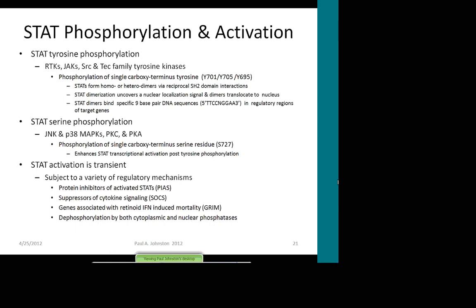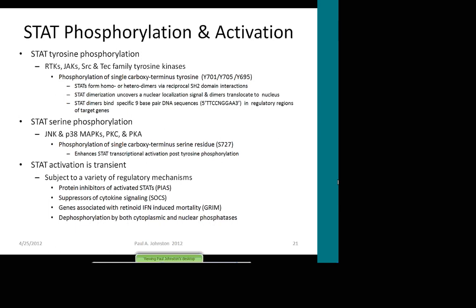STAT3 is phosphorylated, as I said, on the tyrosines by receptor tyrosine kinases, JAKs, SRC, and the STAT family tyrosine kinases. But there is also serine phosphorylation, and there were antibodies that work with total STAT3 that were independent of its phosphorylation status.